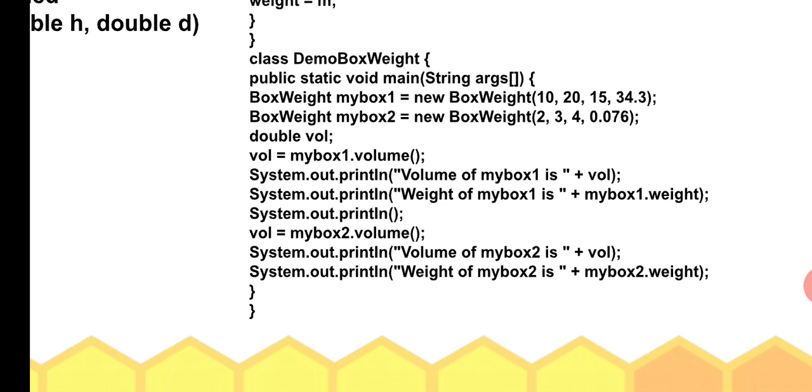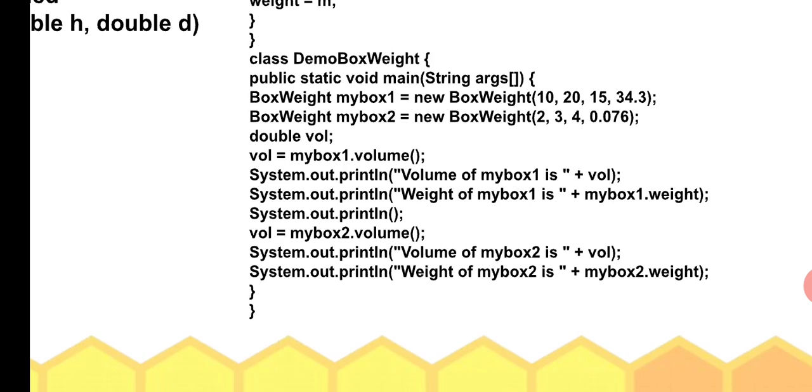Next after that again VOL equal to myBox2.volume method. Now what will myBox2 hold? It is holding 2, 3, 4 and 0.076, isn't it? Out of which you are going to get the values 2 into 3 into 4. The volume method will return 2 into 3 into 4. Why? Because you have written width into height into depth.